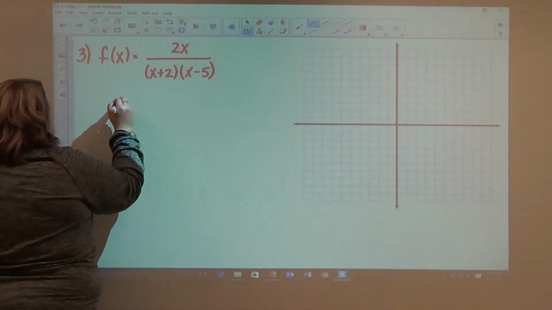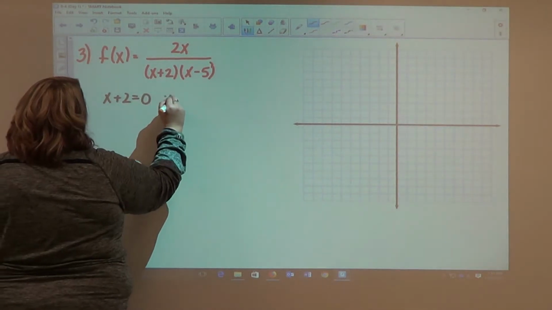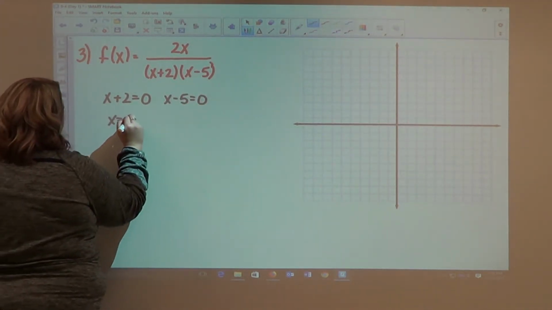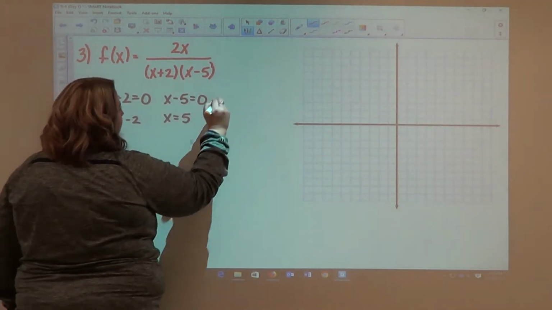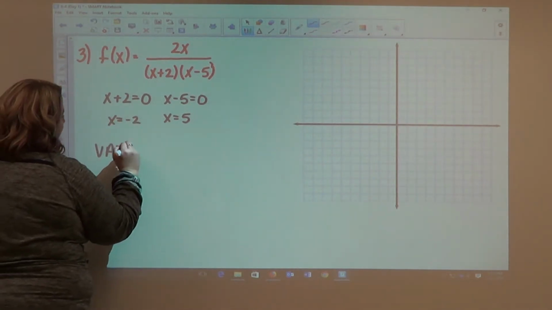So I'm going to set them both equal to 0 and solve. So I would get x equals -2 and x equals 5. So for my vertical asymptote, I actually have two of them.